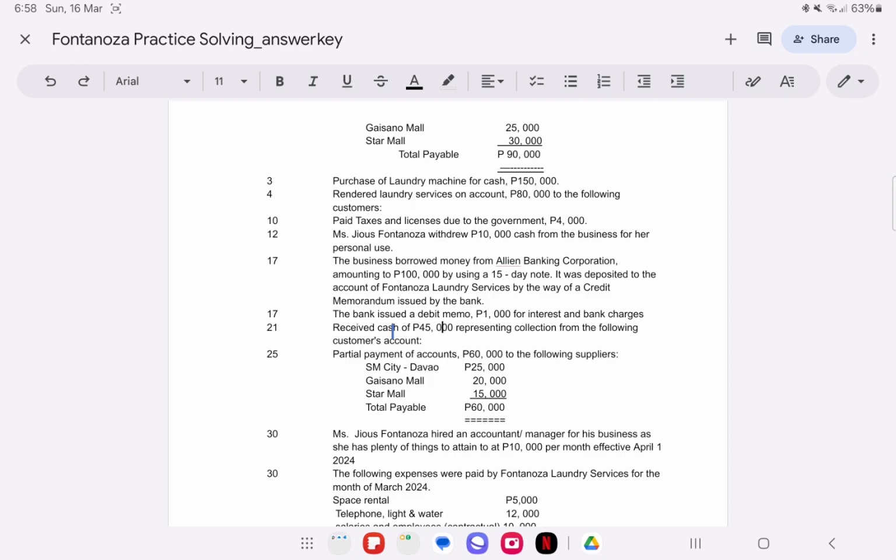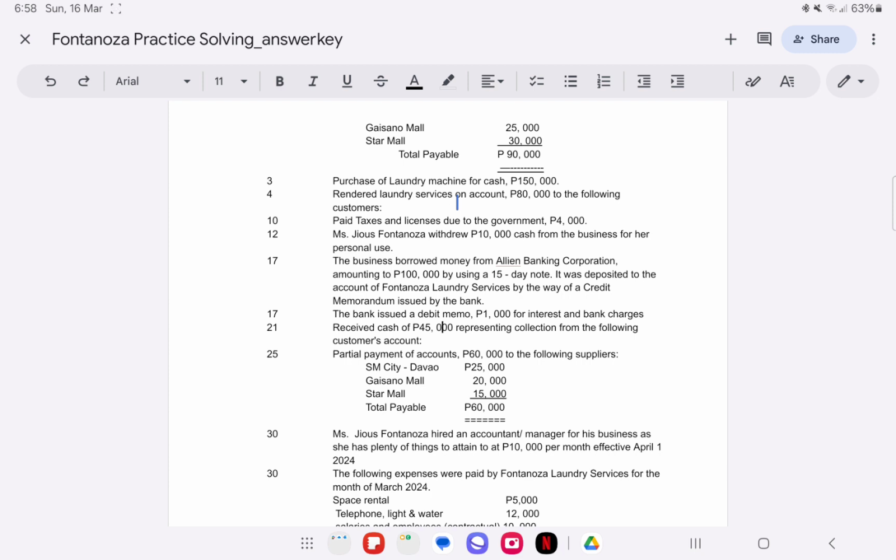Accounts receivable. Since there is an accounts receivable in transaction number 4, we need to deduct the debt, the obligation of our customer.